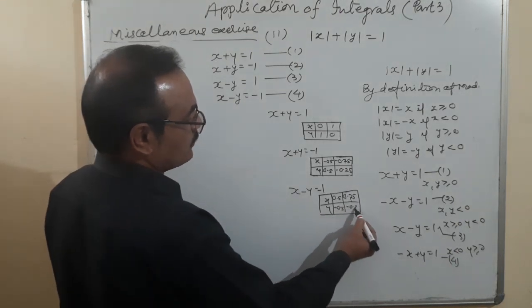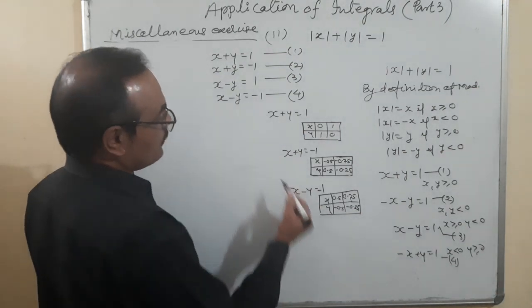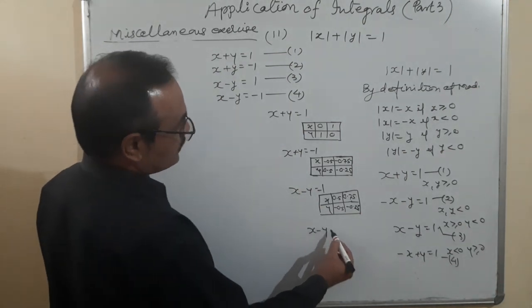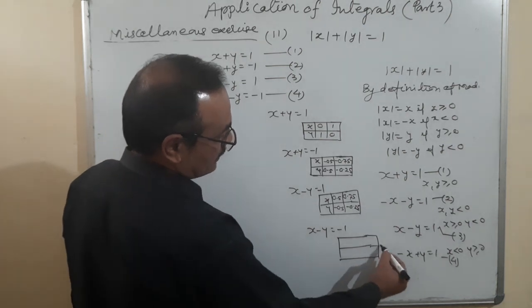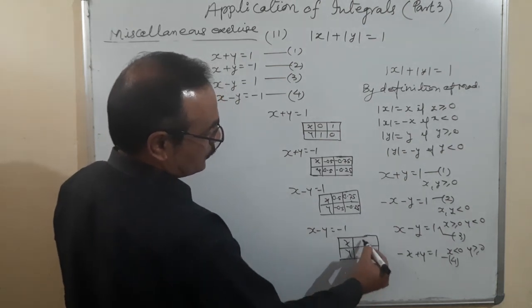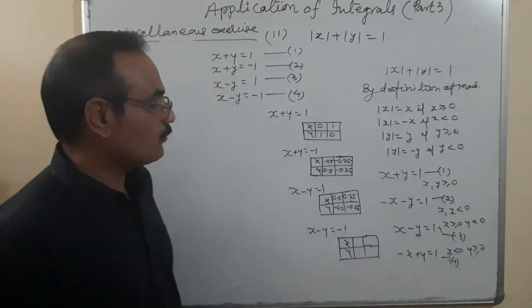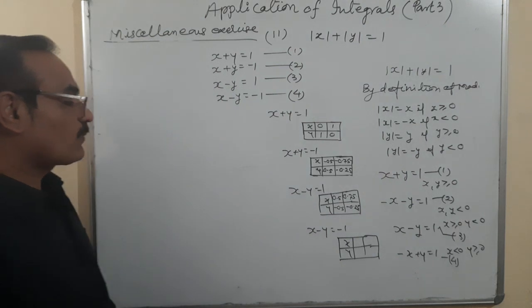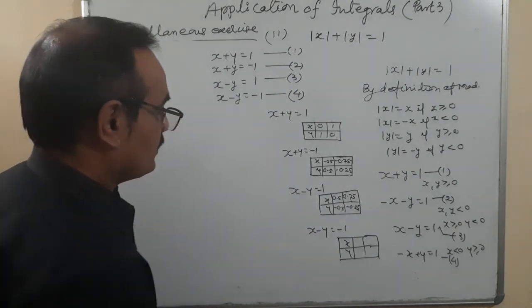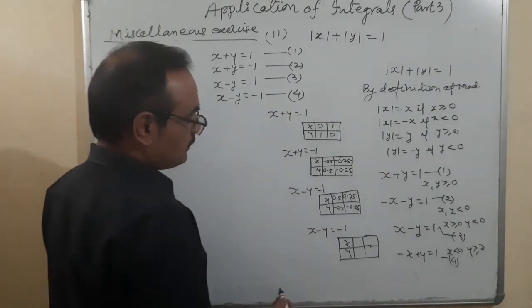And the last one, I want to take x minus y is equal to minus 1. Which number should be taken here so that the condition will be maintained? Which condition? Here in the fourth part, when x is less than 0 and y is greater than 0. So x, I want to take any negative number.